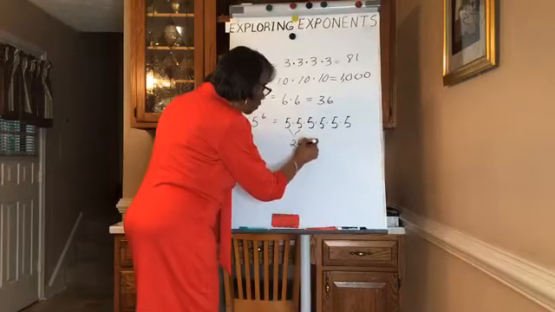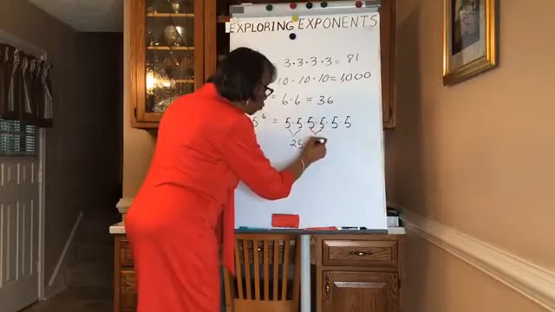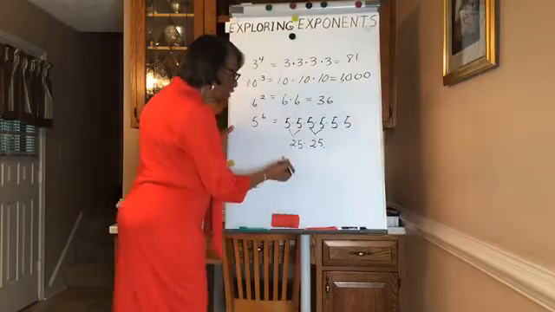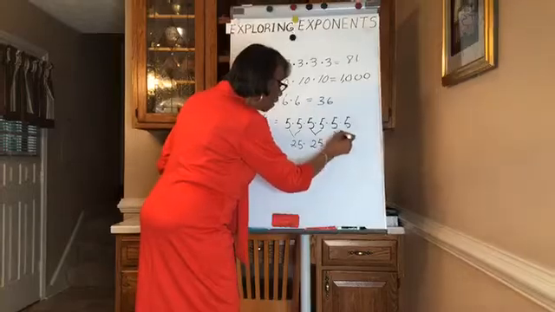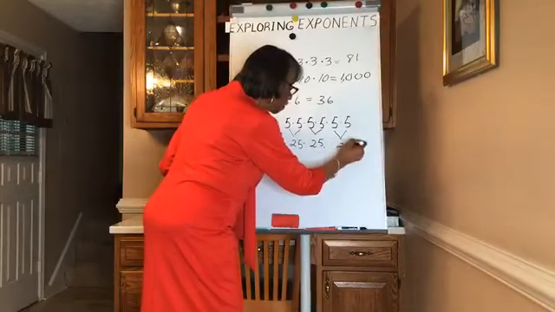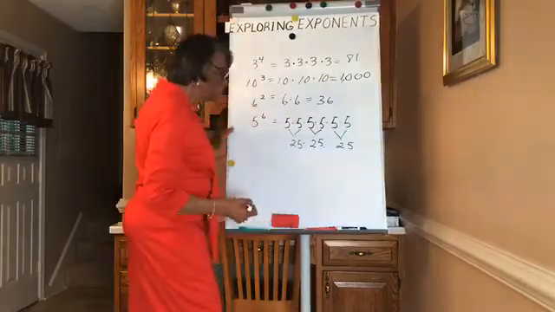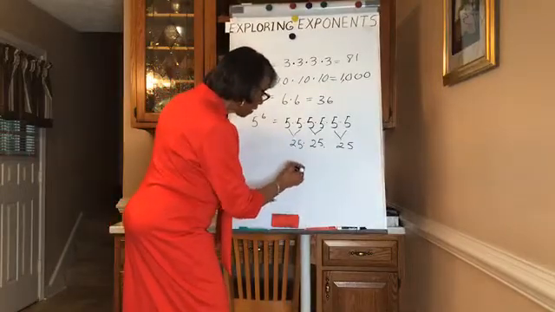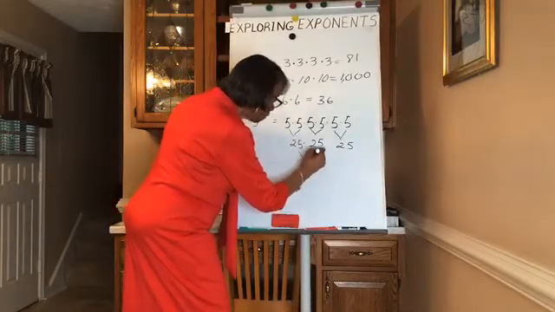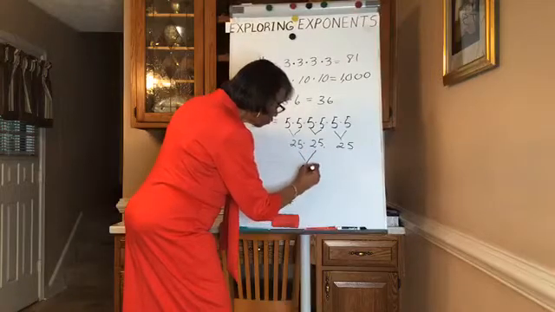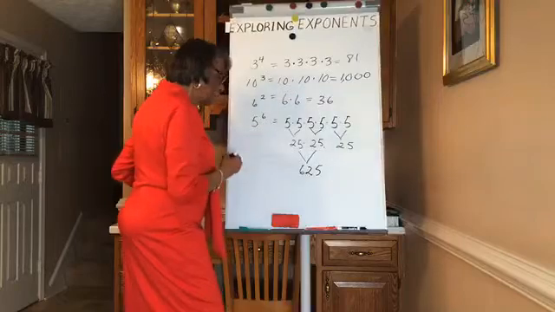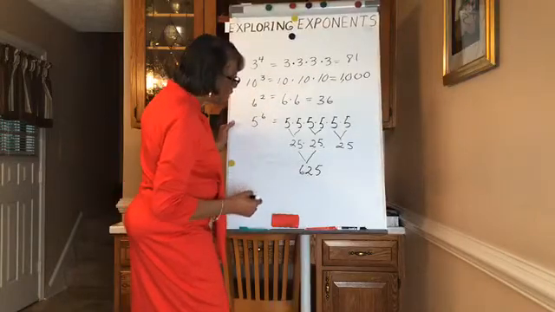And I know that this is 25. And I know that this is 25. Okay? So 25 times 25, that's going to be what? 625. 625. And then multiply that by 25.